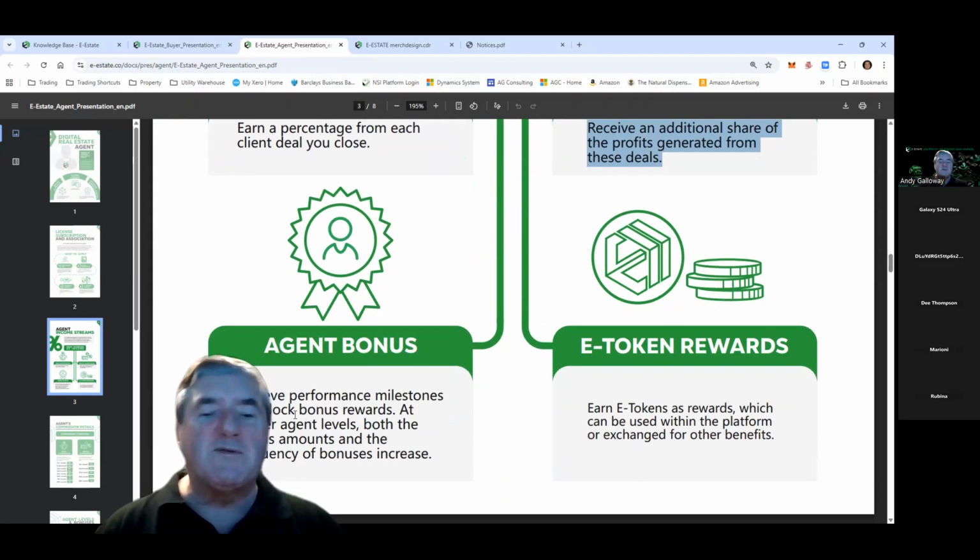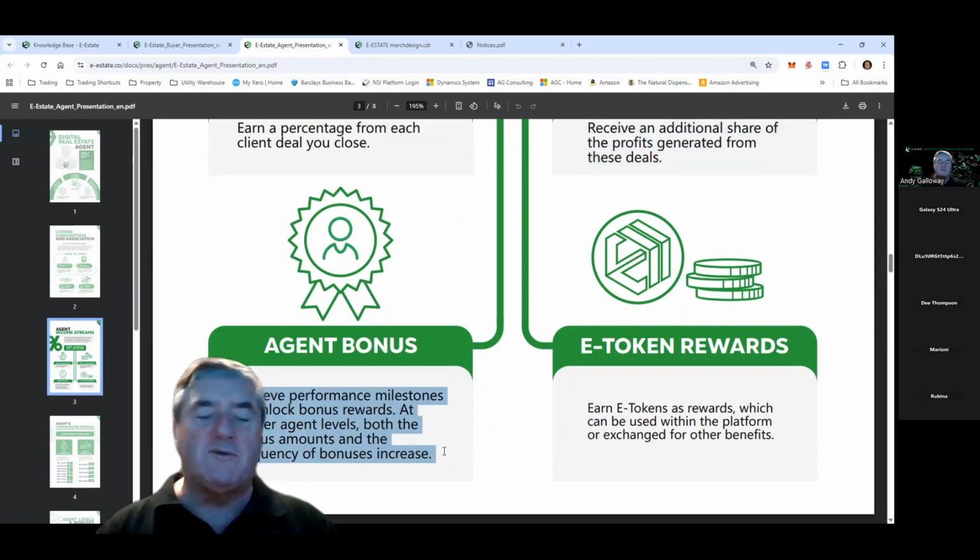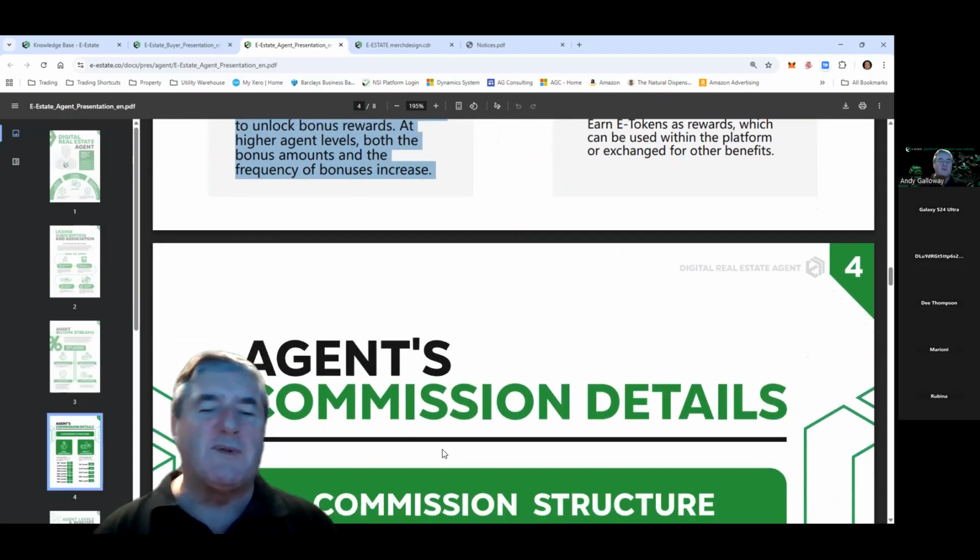As you build your business, this is based solely on the amount of volume you have in your business, how many properties, how much volume in terms of dollar value your buyers and your agents have purchased within your team. Then you receive agent bonuses based on that. We'll talk about that a little bit more in a minute. And you also receive some e-token rewards, which we may touch on in a minute.